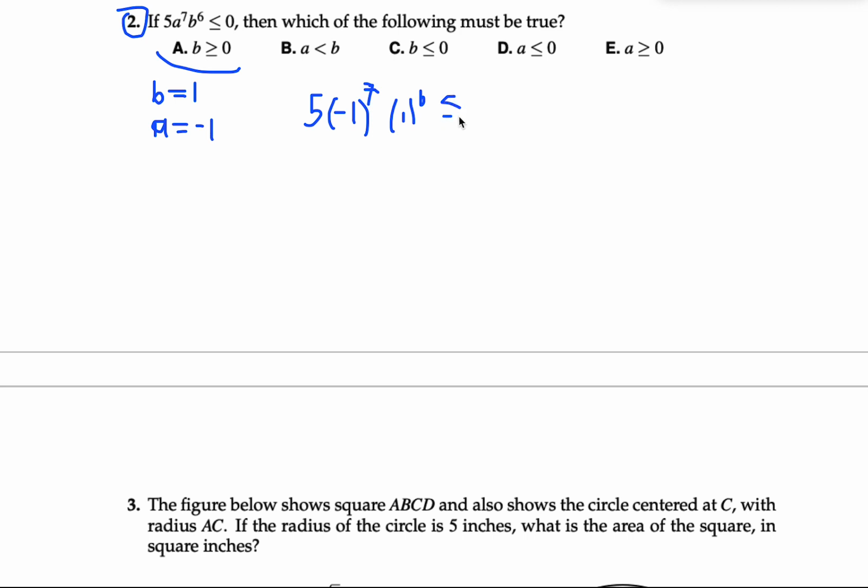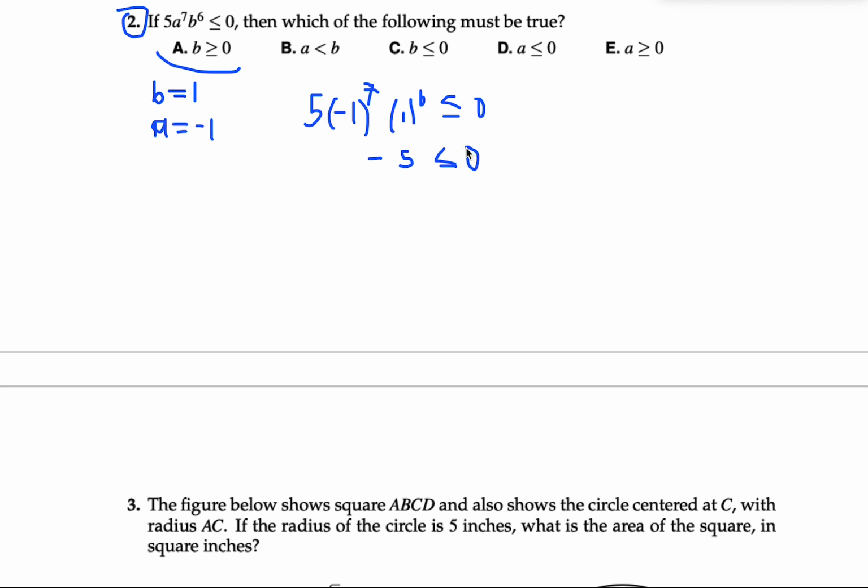And this will be less than or equal to 0. Now, for this case, because of the numbers that I picked, this would actually turn out to be true, because this whole thing simplifies to -5 is less than or equal to 0, which is true, right?